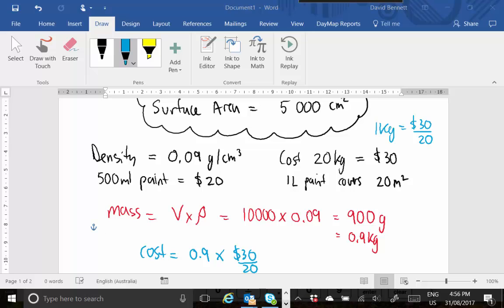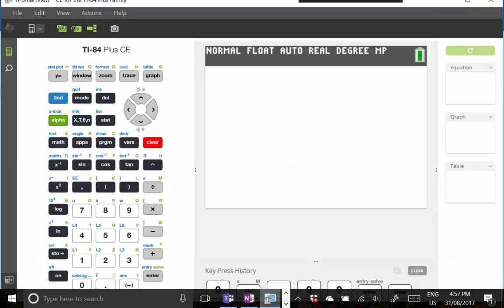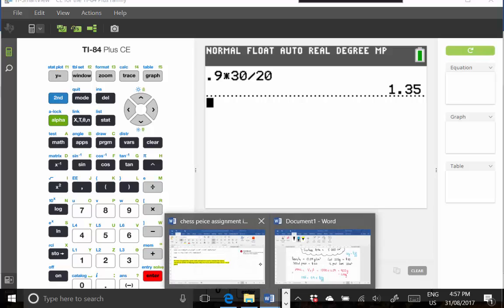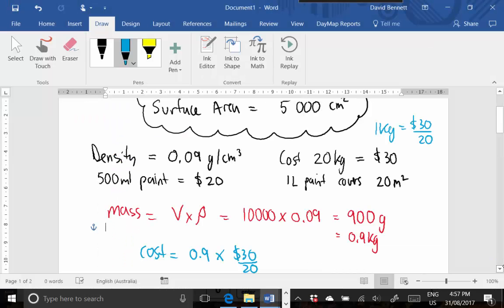Okay, so I'll do it on the calculator. So 0.9 times 30, divide that by 20, and that's going to tell me it's going to cost $1.35 for my concrete. Keeping in mind, I've just made some values up and hopefully your values make more sense.